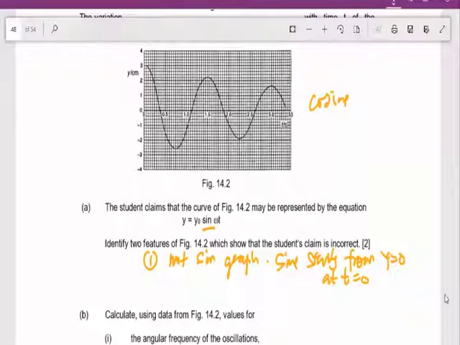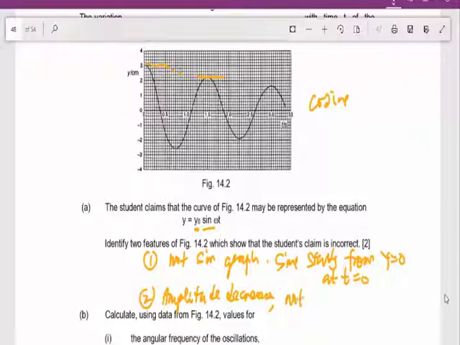The second thing is the amplitude. If you look here, the amplitude decreases. So actually there is a damping, but the formula here says the amplitude is constant. So again, this is not correct. The actual amplitude decreases, which is not shown in the equation.